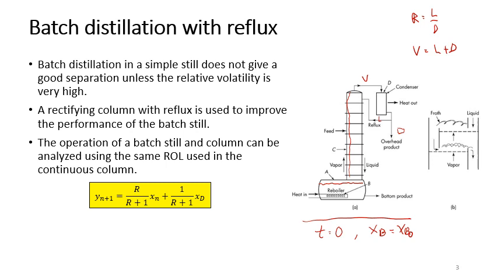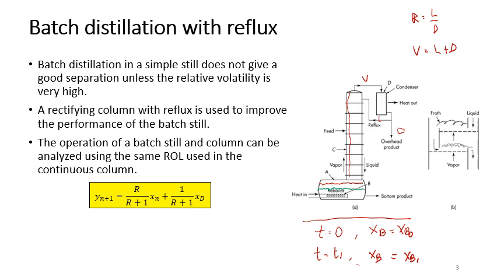So if, just now, starting at time equals 0, xB equals xB0. After a certain amount of time, let's say time equals t1, then the composition of the liquid in the still will change to another composition, let's say xB1 at time equals t1, and also the amount of liquid remaining in the reboiler will change.